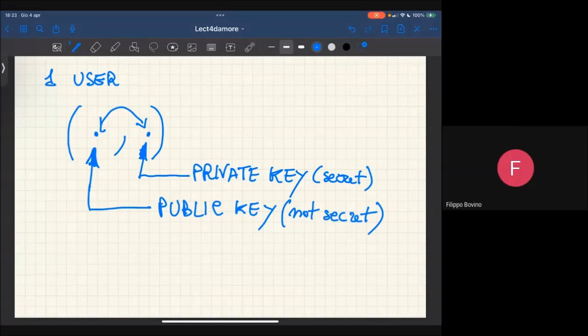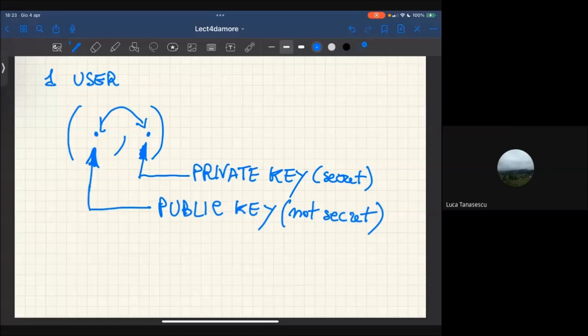Is it clear that every user is owner of a pair that is a private and a public key? Yes. The public key, by definition, is public, so it can be communicated to everybody.